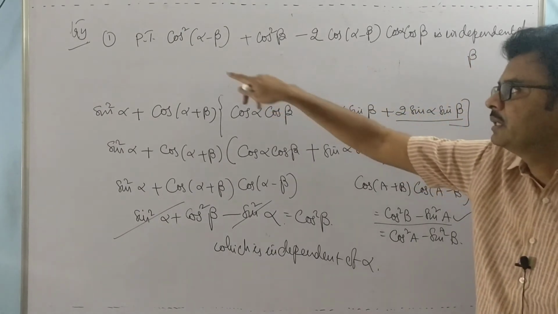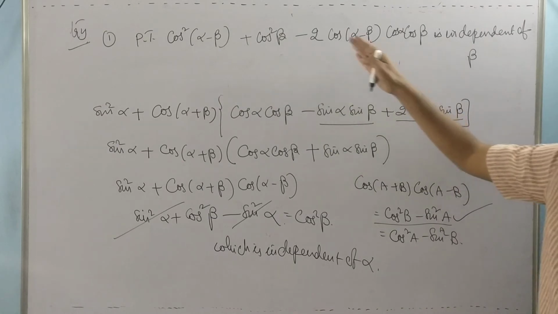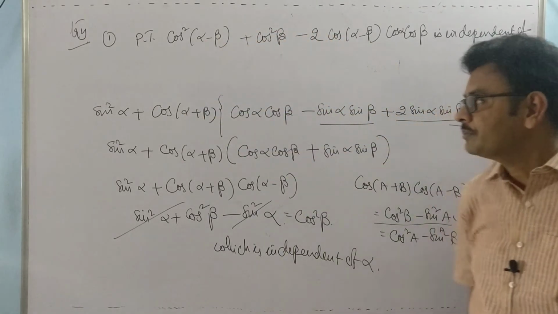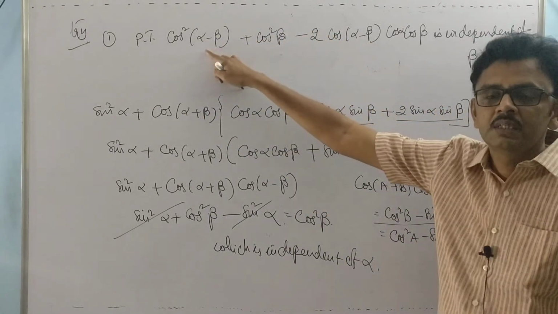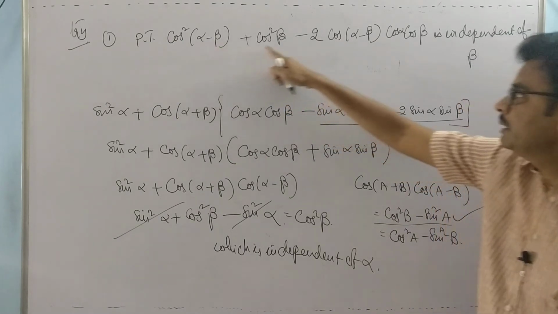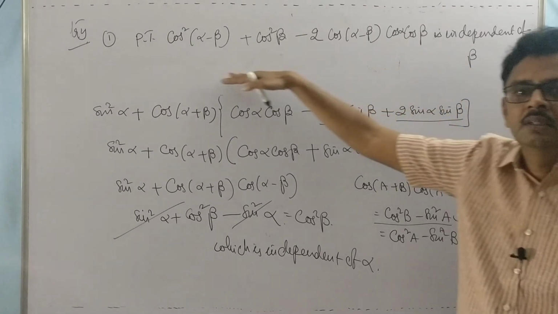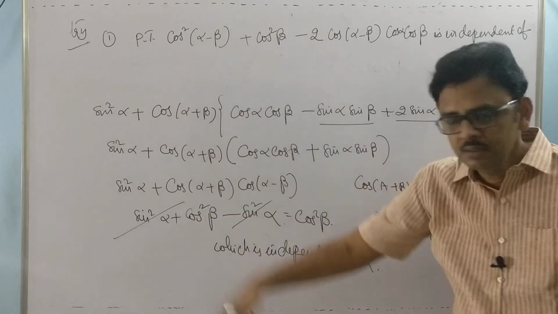Same process. You can take cos(α−β) common, and you have one more cos(α−β). For that you write the expansion. And here this is minus 2 cosα cosβ. And the same process you get the result.